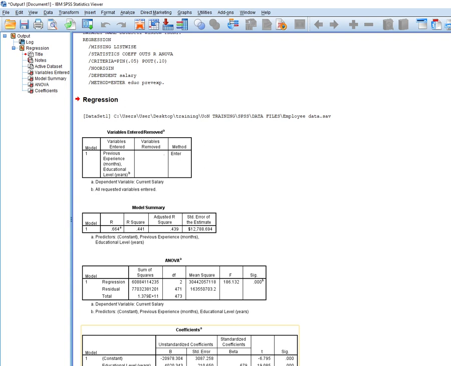R squared, and what is the role of R squared? R squared will tell you the overall percentage change in your dependent variable as explained by the independent variables. So regardless of the number of independent variables you have, it doesn't matter.